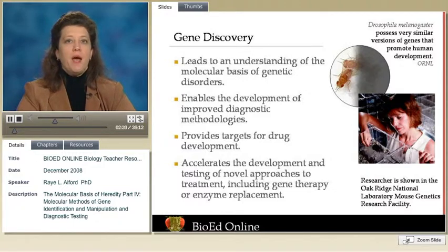The laboratory mouse and the fruit fly are vital tools for the study of human disorders and the preclinical evaluation of novel therapeutic approaches.